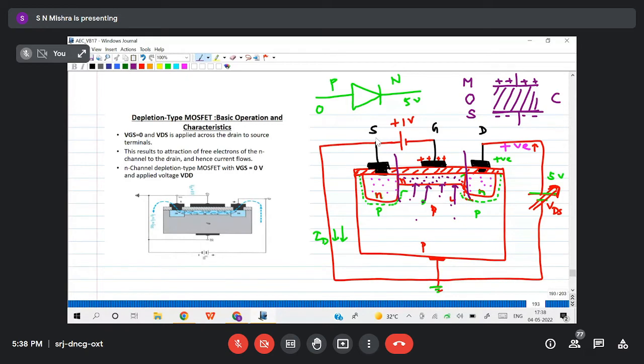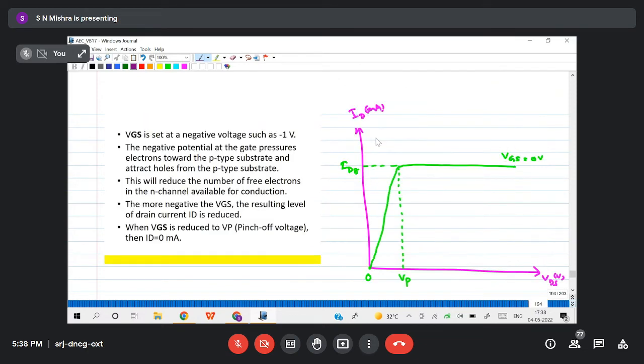Keeping all other conditions constant, the junction is reverse biased, and when I increase VDS the depletion region will penetrate the channel. With everything else constant, I will get more current compared to 0 volt. So the graph will shift upward like this.